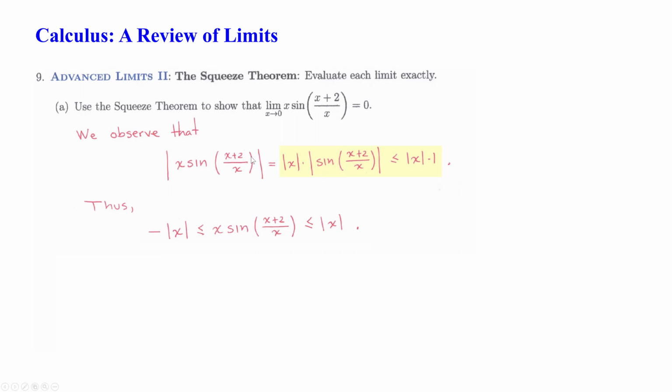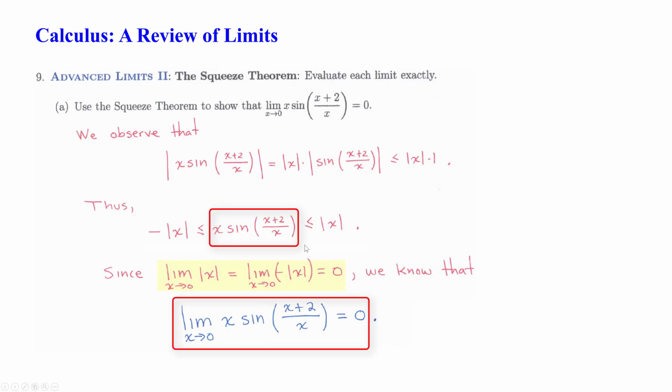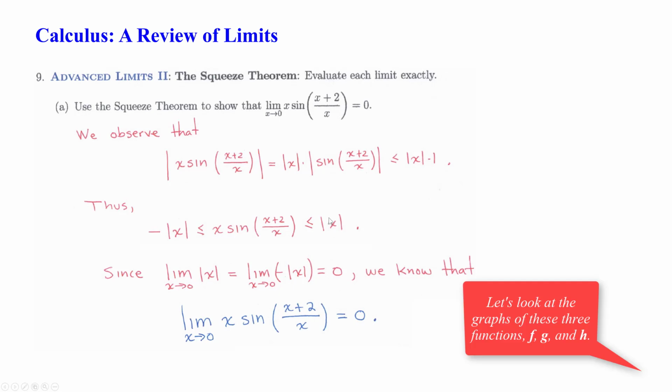Now let's remove the absolute value. The original function is less than or equal to this, but also bigger than or equal to the negative of this. So now I have a function above and a function below which have the same limit of 0. Therefore, this limit is 0 by the squeeze theorem. This limit gets squeezed between 0 and 0, or pinched.